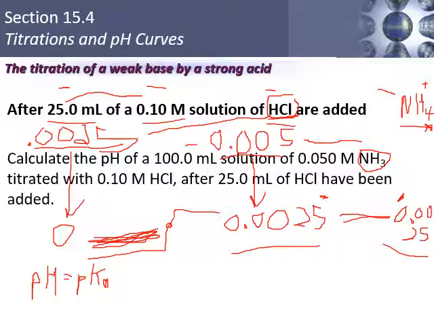What is the Ka for that acid? Well, we have to take 1 times 10 to the minus 14th and divide it by the Kb for NH3. So that's 1 times 10 to the minus 14 divided by 1.8 times 10 to the minus 5th.